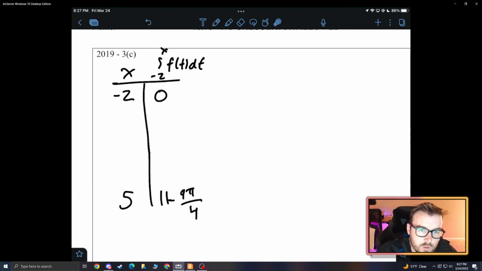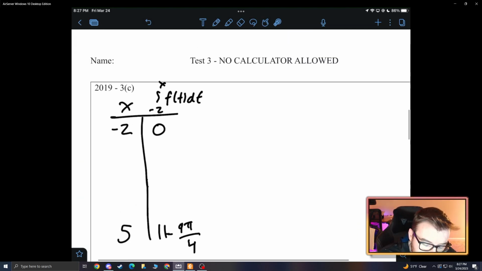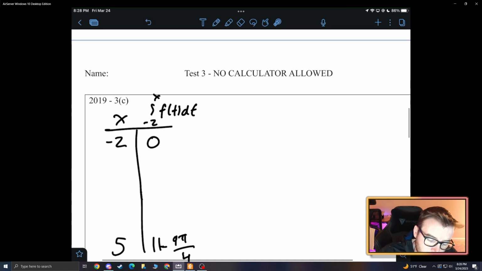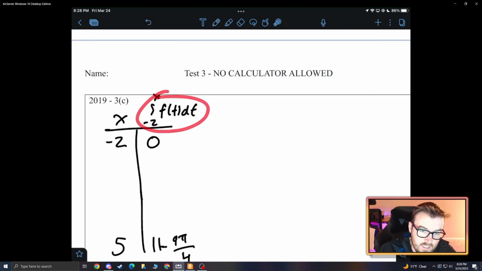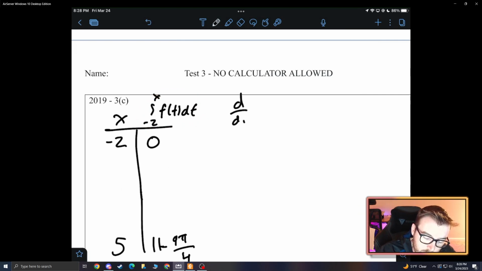Now, there are a couple critical points that we must find. So what are those critical points? Whenever the derivative of this equals 0. What is the derivative with respect to x of this integral?